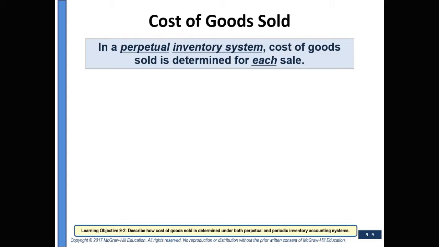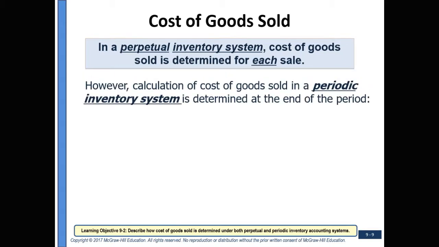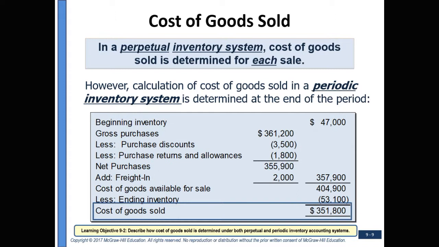It is more frequently used now than it was in the past because it is aided by computers and technology. However, when using the periodic inventory system, cost of goods sold must be calculated differently. It's calculated at the end of the period.